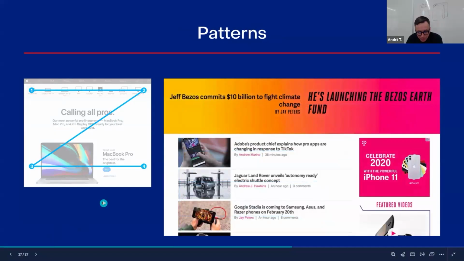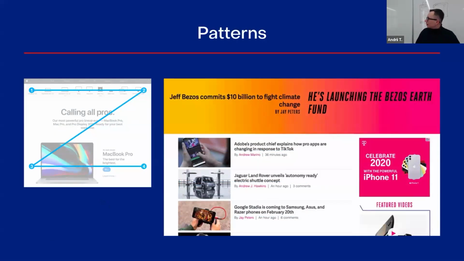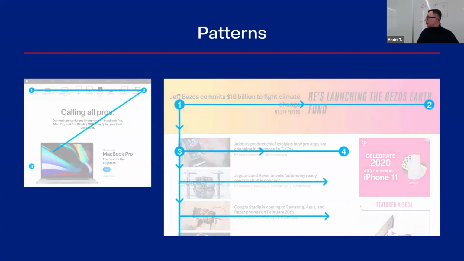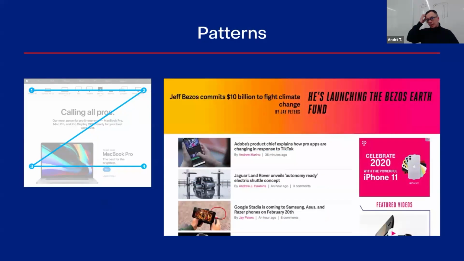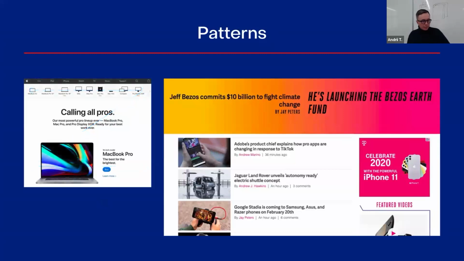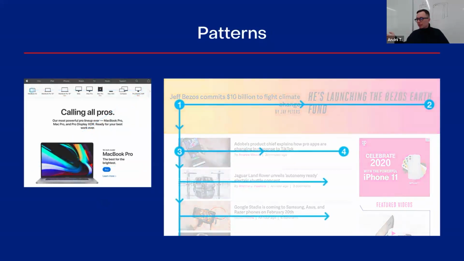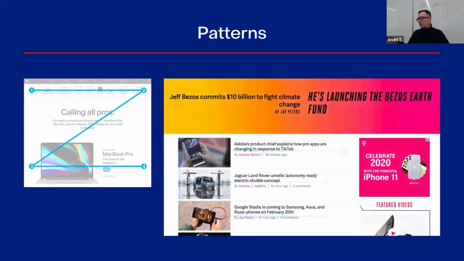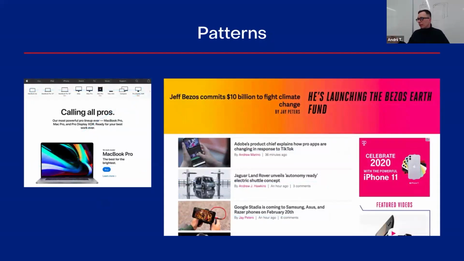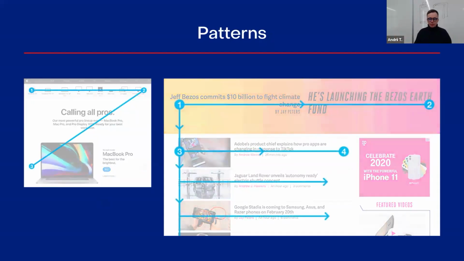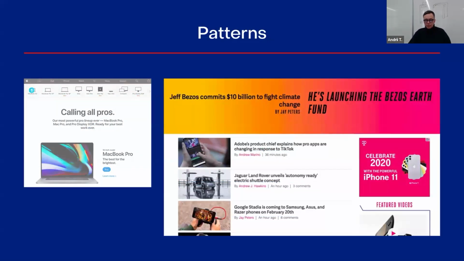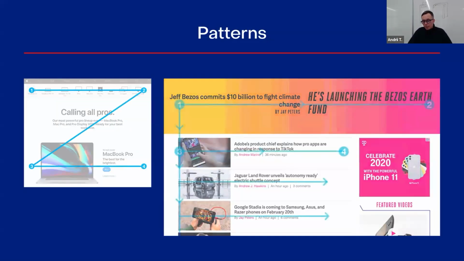Also an important part, patterns. In general, people don't read every word on every website. People just scan the website and try to find the most important information, because if you read every word, it takes a very long time. So in general, we can define two main patterns.